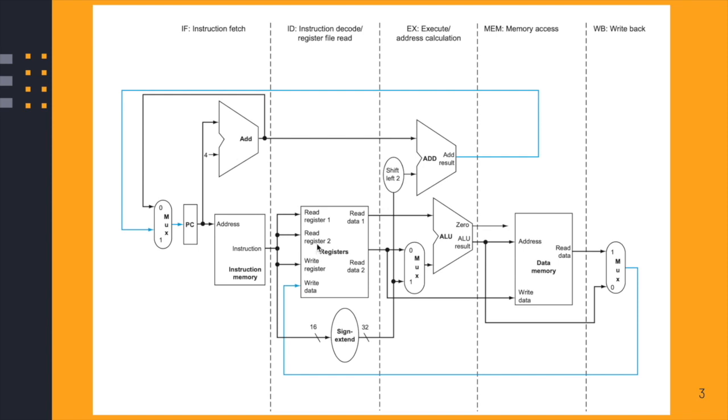That's the instruction decode. The second part of this stage is the register file read. So I will retrieve the data that I need from the register file. For example, if I am executing an R-type instruction, then I need to get the value of the register of RS and the value of the register of RT. So in here I provided the register number of RS and the register number of RT, which are 5 bits.